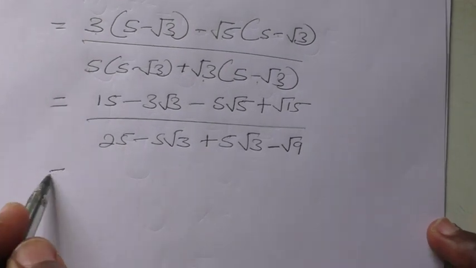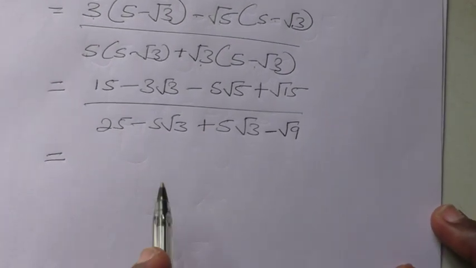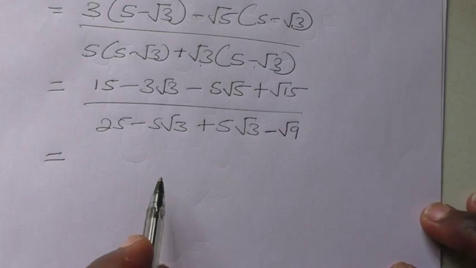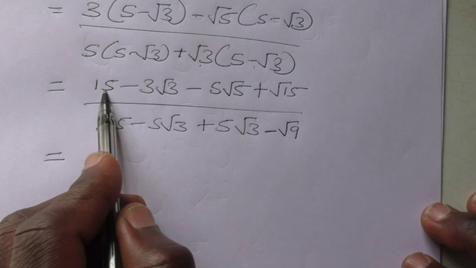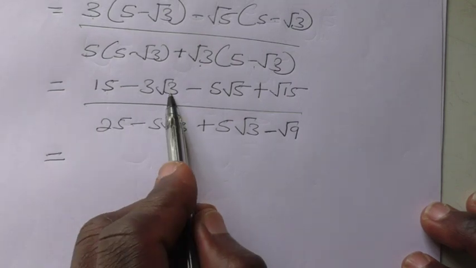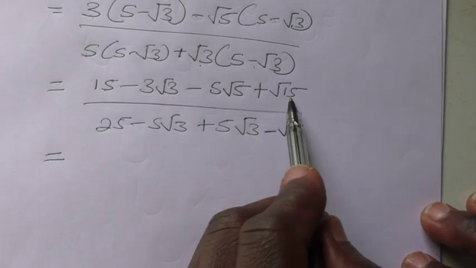After that, we simplify by collecting like terms. So we have 15, we have root 3, root 5, and root 15.